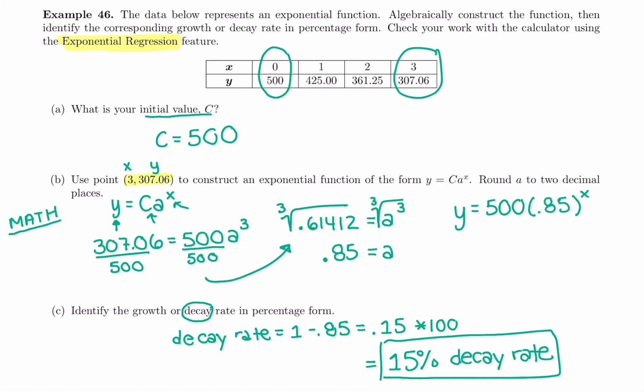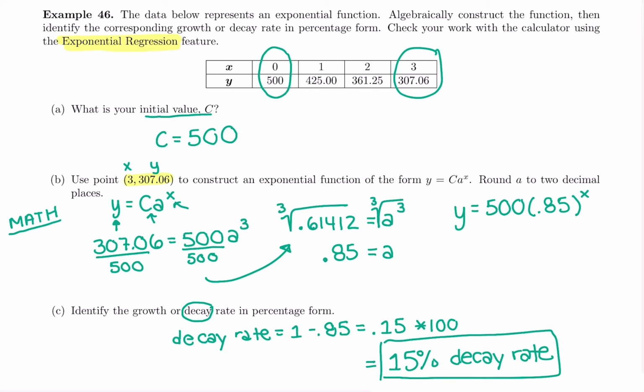If your factor was 0.7, that would be a 30% decay rate. If it was 0.98, that would only represent a 2% decay rate. There is a pattern to these, but you can also work it out by doing 1 minus your factor for the decay rate, and then you just need to multiply it by 100 to make it a percent.